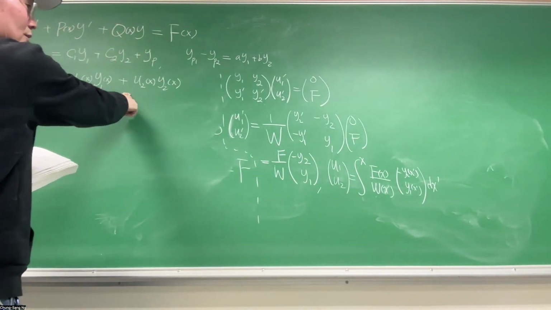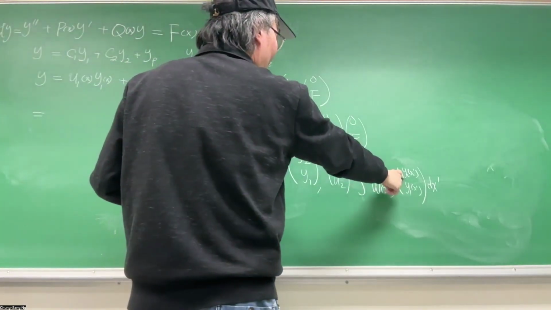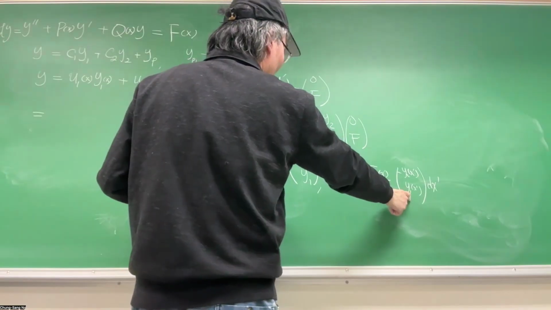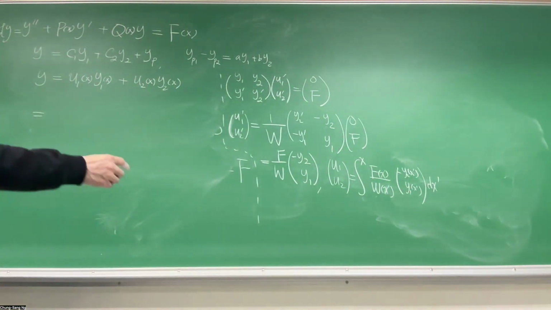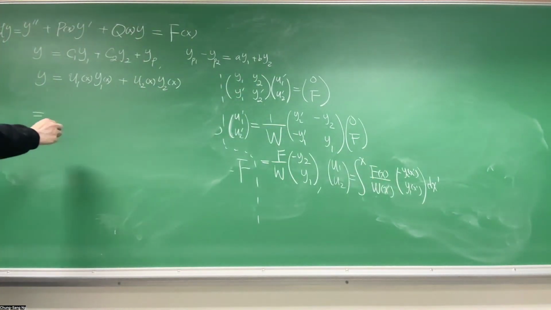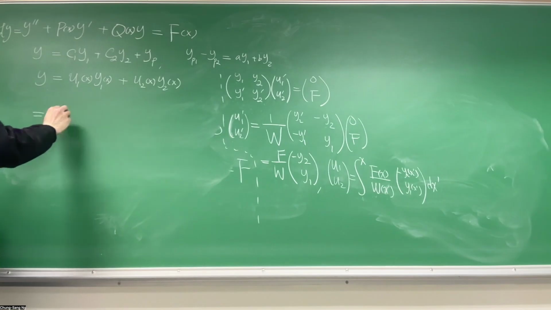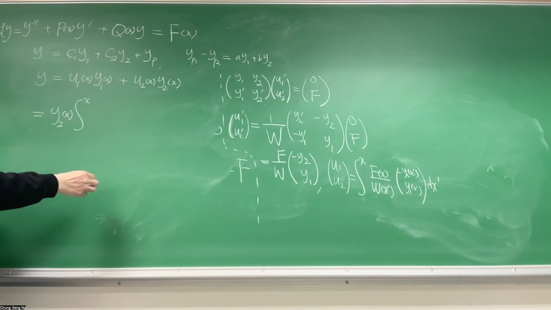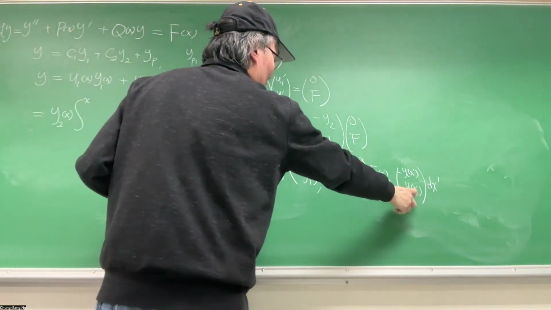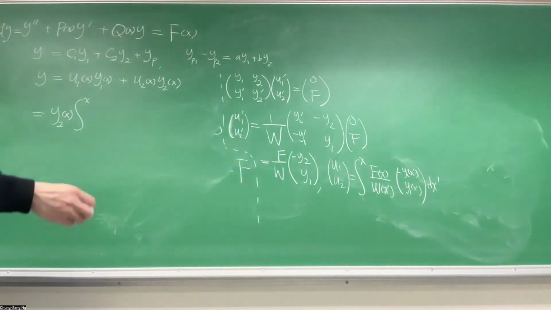You have u1 and u2, right? u1 will have a minus y2, and u2 will have a y1. So this is positive, the other is negative. So you write down the y2 term first, x, and then integrate over x. And then the integrand with y1 times f divided by W.